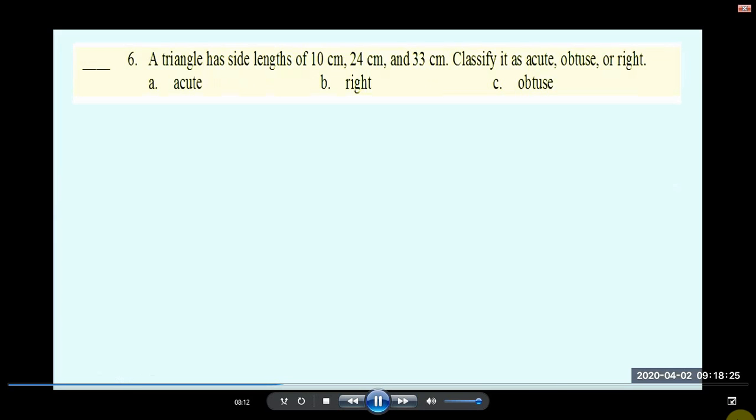This triangle, acute, obtuse, or right? Number one, what's the greatest side here? 33. 33 squared. If it is less than the sum of the squares of the other two sides, it is acute.